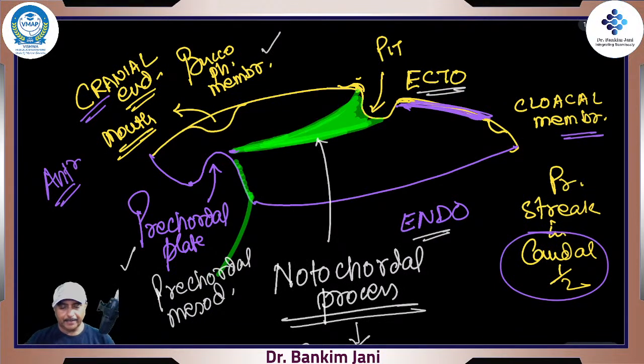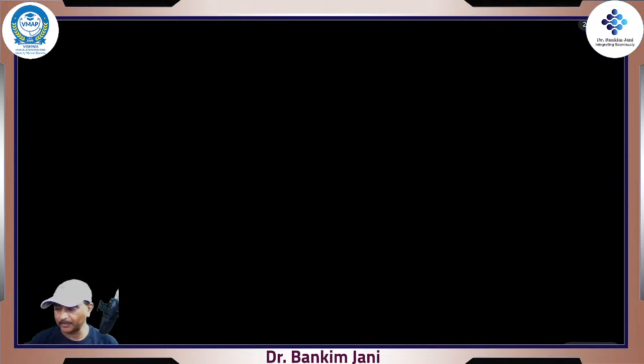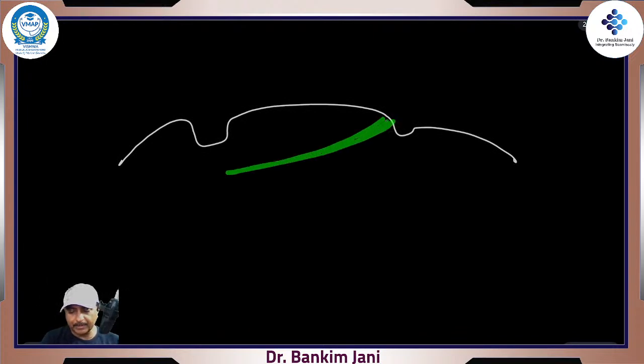right? So that is anterior. That one is posterior, cranial end. Let's make it still better, but we'll draw less. So here, and the new development, it has become like this, and there is formation of a canal.